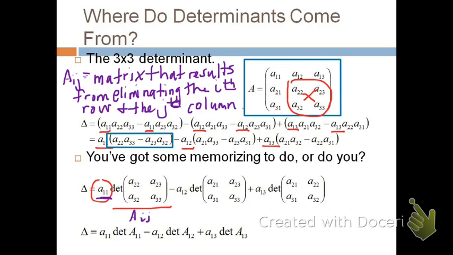We're going to get it from this first term A11. If we eliminate the first row and the first column, then I am left with this resulting matrix A11. And so therefore, we can say that A11 times the determinant of A11 will give us this first term.